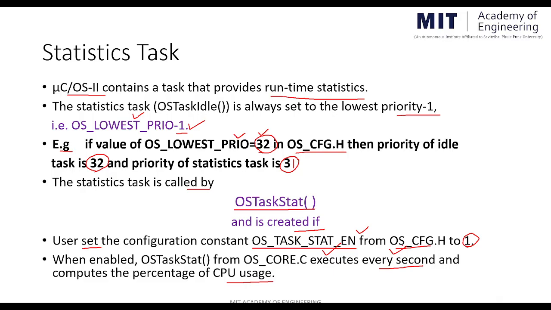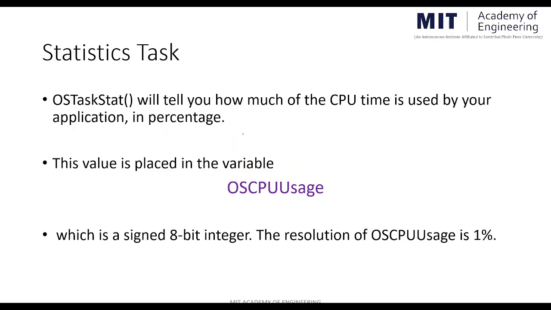The idle task is the default; it is executed every time. But the statistic task is controlled by the OS_TASK_STAT_EN bit, so this bit enables and disables the statistic task. The statistic task will tell us how much of the CPU time is used by your application, in percentage.